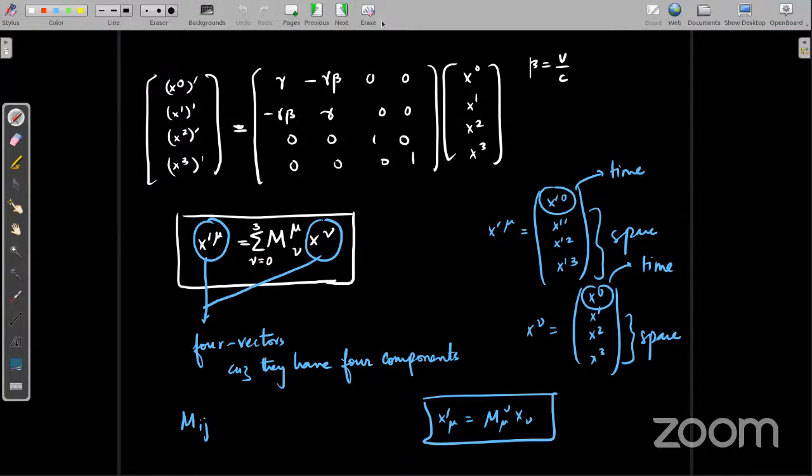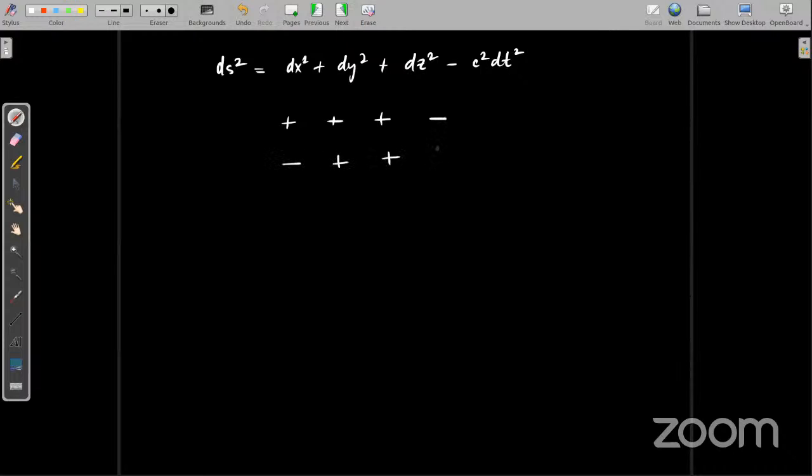It doesn't really matter. But one thing you have to take care of is when you write your invariant quantity, which was this, you can only have plus, plus, plus and a minus, or minus, plus, plus, plus. This is where the convention comes in.